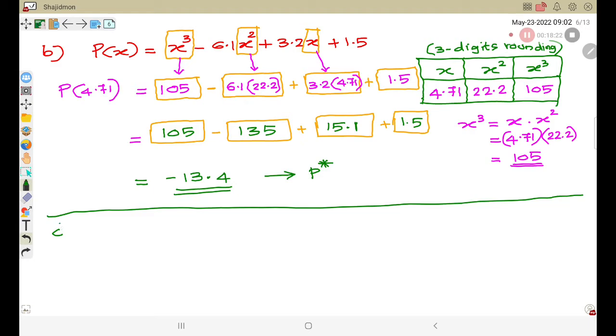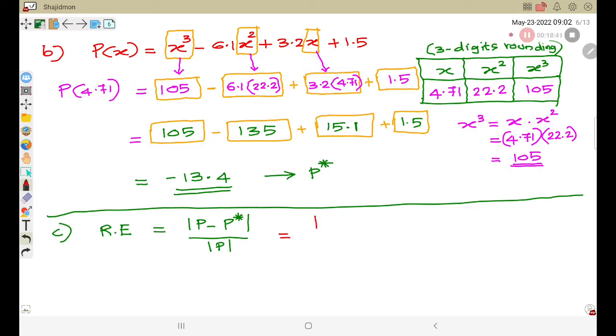Now we are going to the C part of the question. What is the C part of the question? Compute the relative error. Correct? Relative error equals, what was the rule? Absolute of P minus P star divided by absolute of P. Okay, apply the numbers one by one.